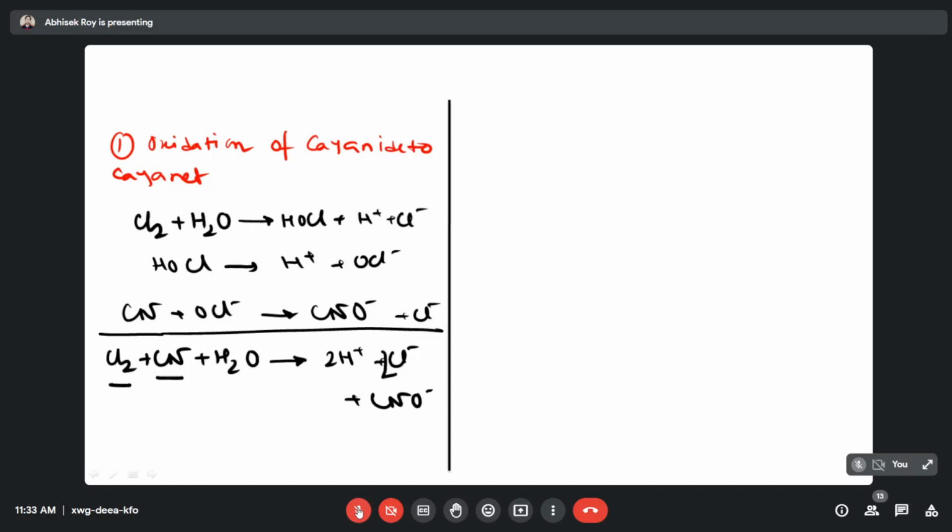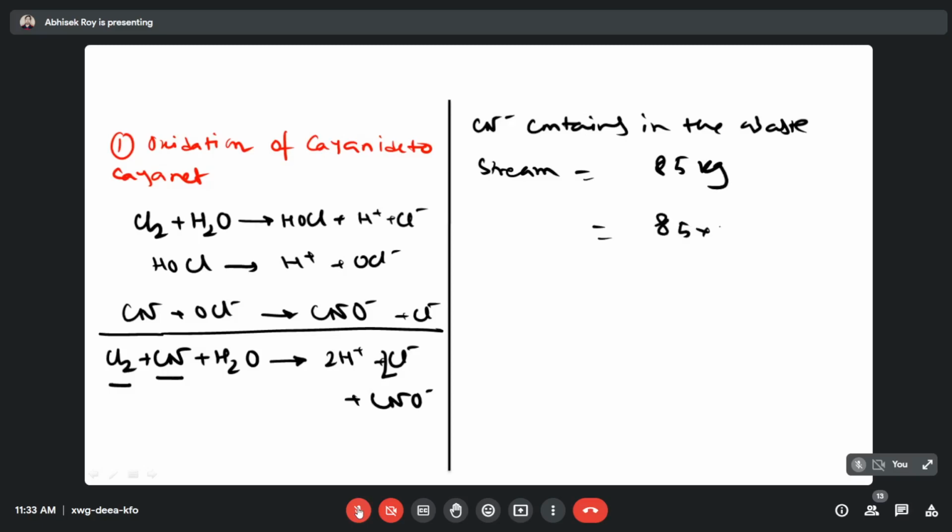Now how much CN minus is contained in the waste stream? সেটা হচ্ছে 85 kg. 85 kg means 85 into 10 to the power 3 gram, or how much mole? 85 into 10 to the power 3 by what is the molecular weight of CN minus? কত?